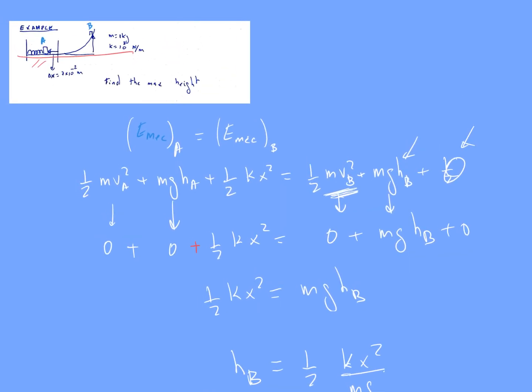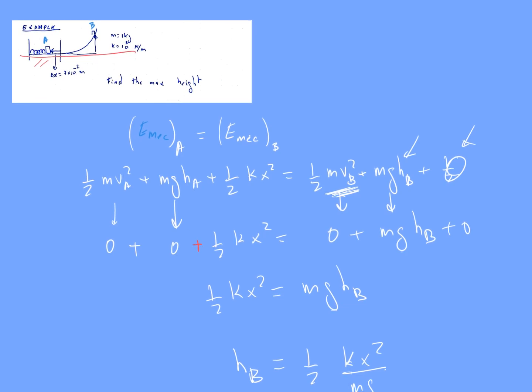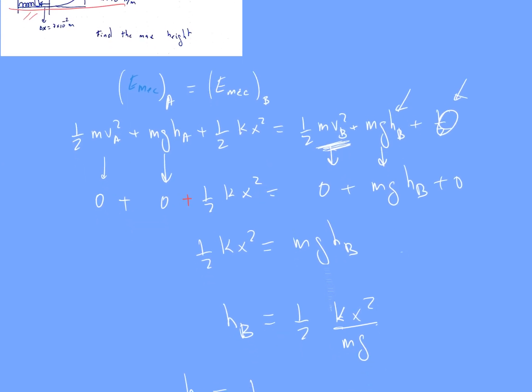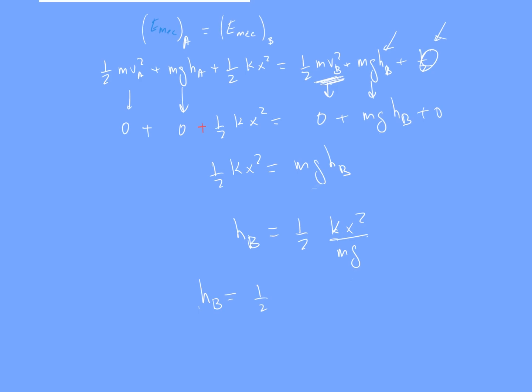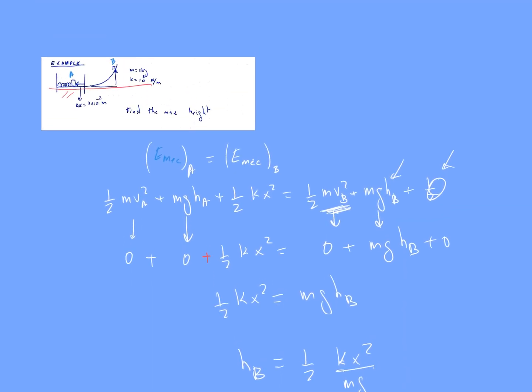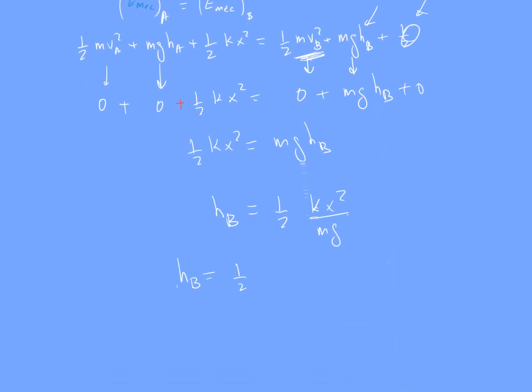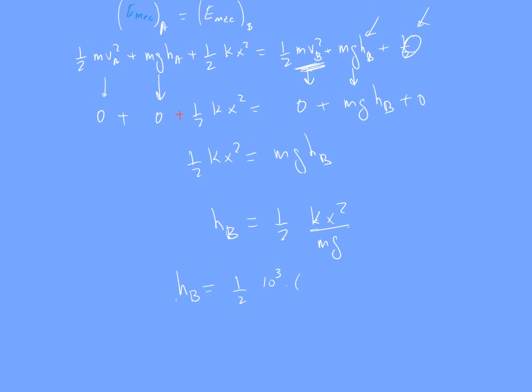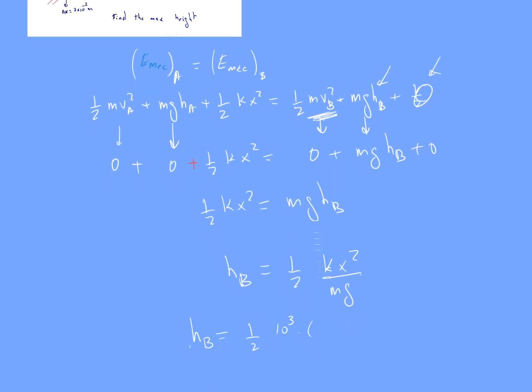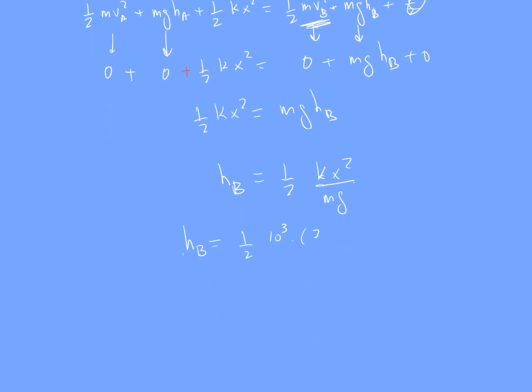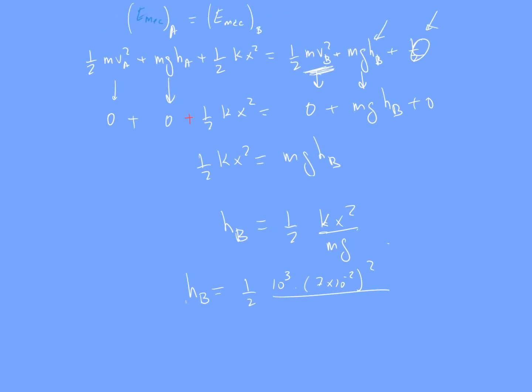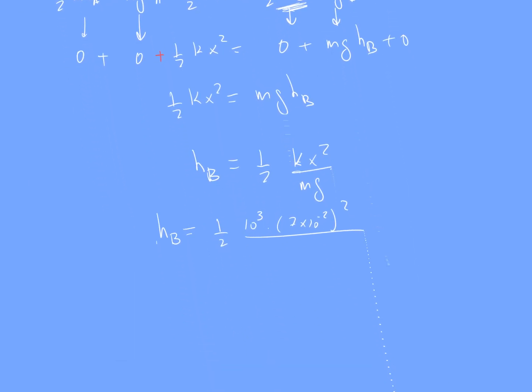The height HB will be: K is 10 to the 3, the mass is 1 kilogram, delta x is 7 by 10 to the minus 2. So 10 to the 3, the compression squared will be 7 by 10 to the minus 2 squared, divided by the mass 1 kilogram, by g is 10.